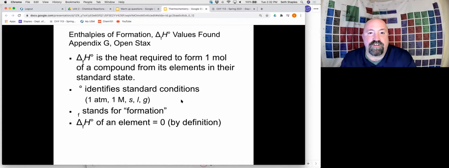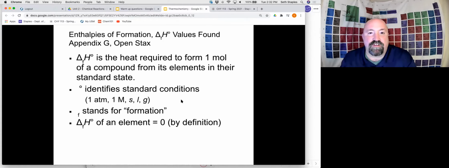Now, we also have to recognize that NaCl only has 1 chlorine, so we don't balance this in the way that we normally would. Normally we'd go 2 NaCl and 2 Na. Heats of formation, however, if we think about the definition, the heat of formation of NaCl is the enthalpy required to form 1 mole of the molecule.